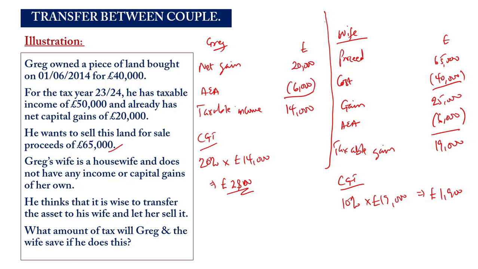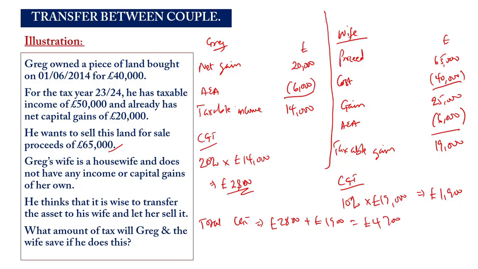So if they do this, the total capital gains tax between the couple is 2,800 plus 1,900, which will give us 4,700.